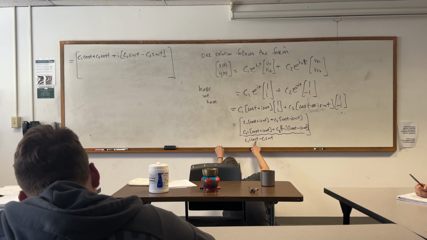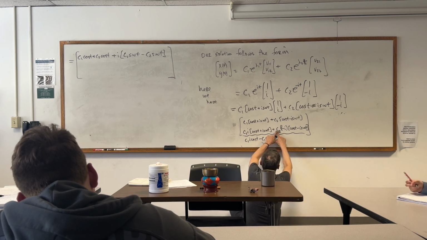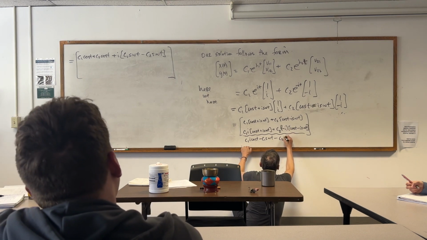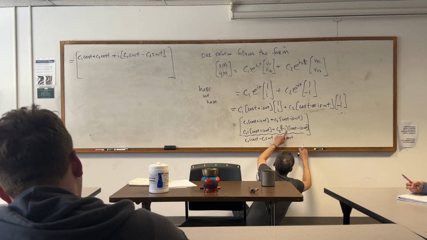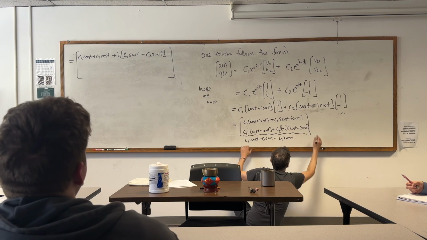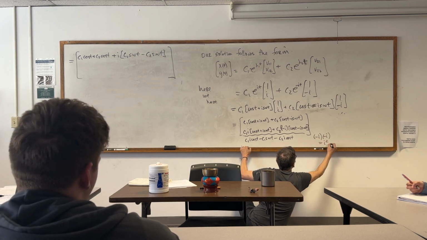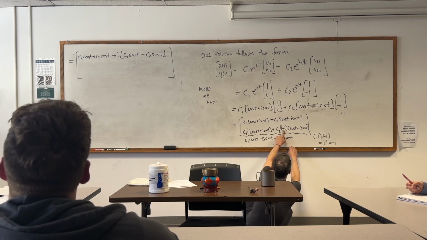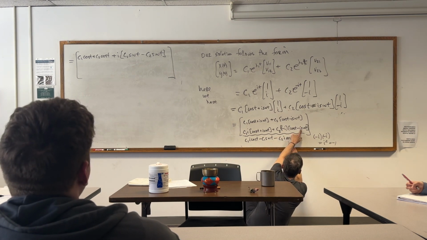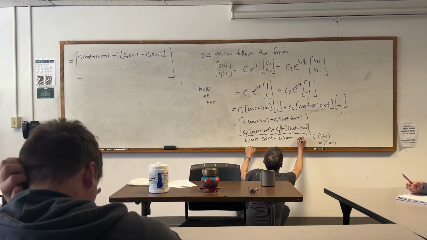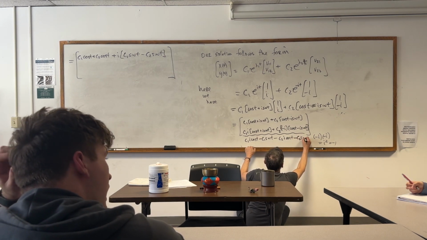That i squared becomes a minus. And then here I've got C2, minus C2 i cos t. And then minus i times minus i is just i squared, and that's negative 1. So this thing times that is a negative 1, and I get minus C2 sine of t.